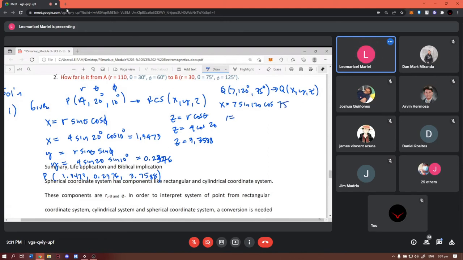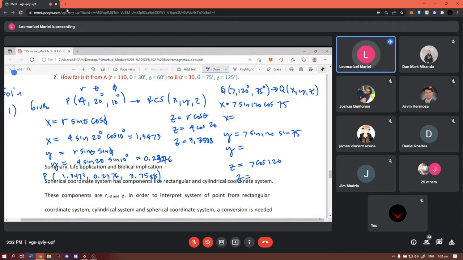And your Y will be 7 sine 120 sine 75. And your Z will be 7 cosine 120. So that will be your Z.